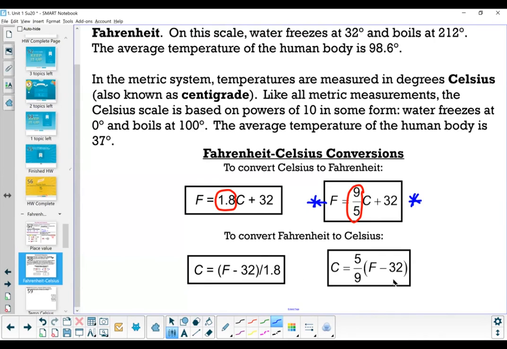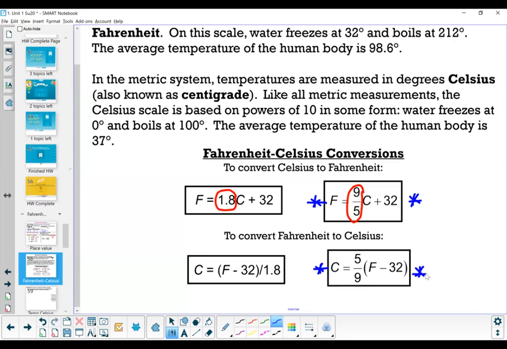What will get you the same result is Celsius equal to 5/9 multiplied by, in parentheses, F minus 32. Again, these two equations are equivalent, but Alex only gives you this second one.